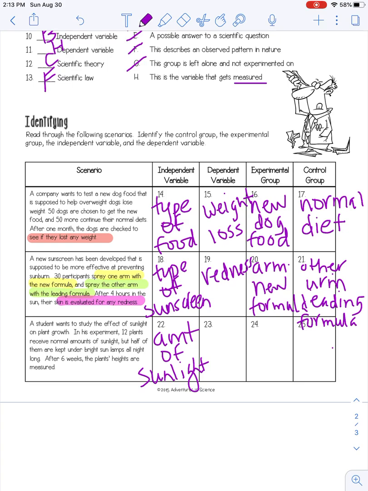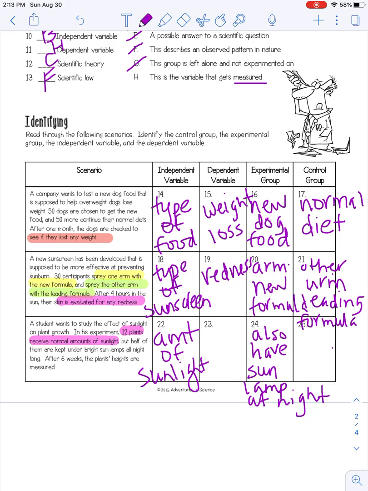So we have our experimental group that is going to also have the sun lamp at night, because they set it up by saying that 12 plants receive a normal amount of sunlight. So both of them are going to receive the normal amount of sunlight.